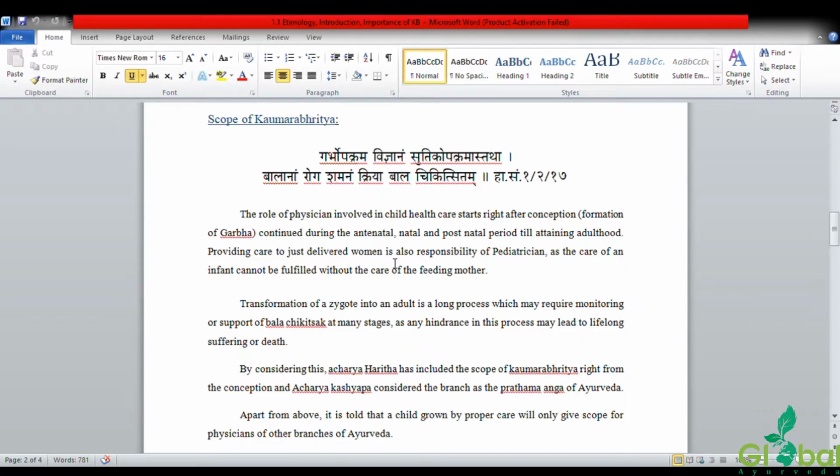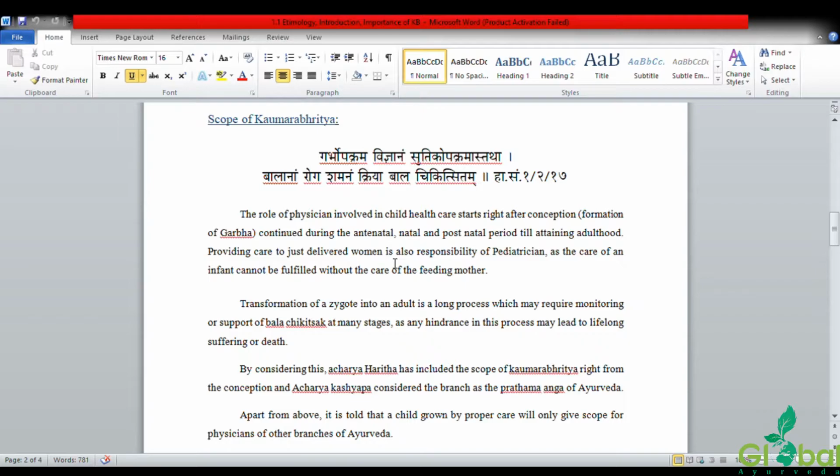As we know, according to modern science, transformation of a zygote into an adult is a long process which may require monitoring or support of a balachikitsak at many stages. Transformation from the formation of the garbha to adulthood is about 18 years, which requires monitoring or support of a pediatrician.